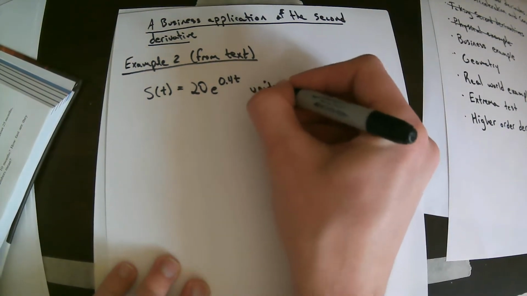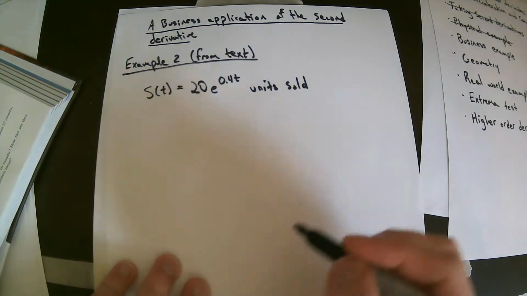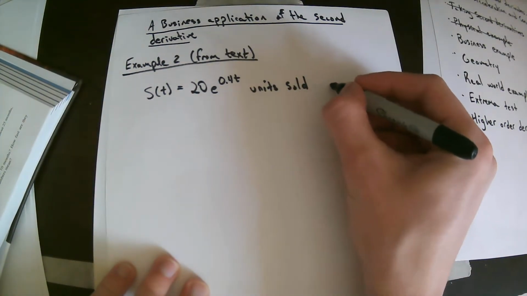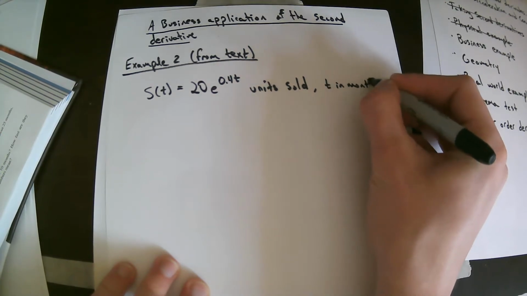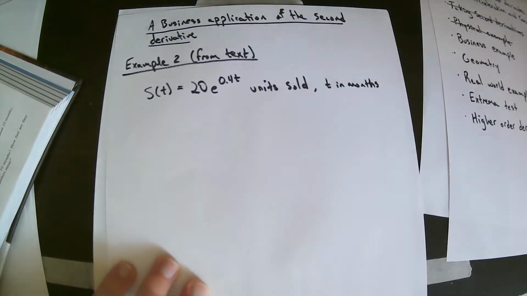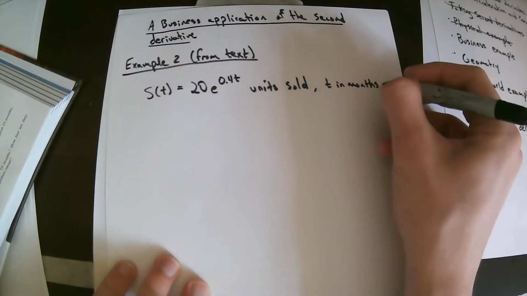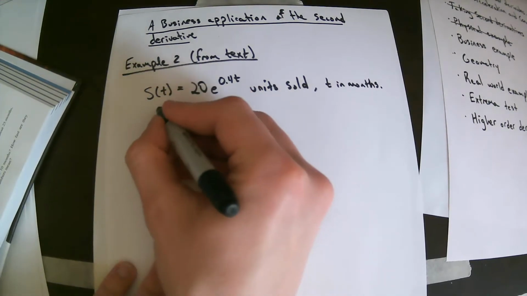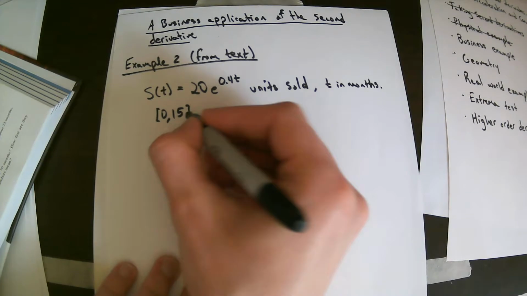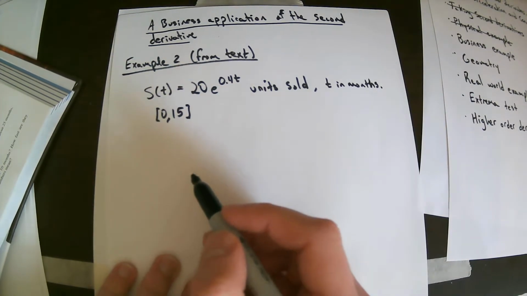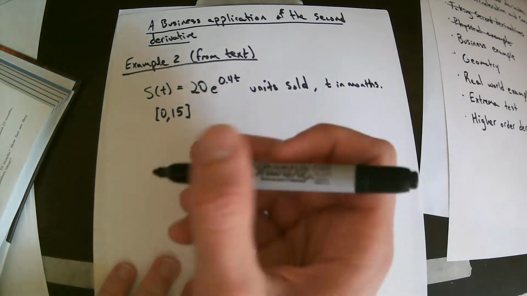So this is measuring number of units sold, where t is the time in months since the game was introduced. So this is for the first 15 months. So we'll say domain is 0 to 15. The problem doesn't really say enough to say whether or not this should be included. I don't think it's going to be a big issue.